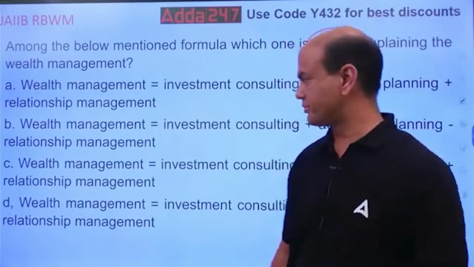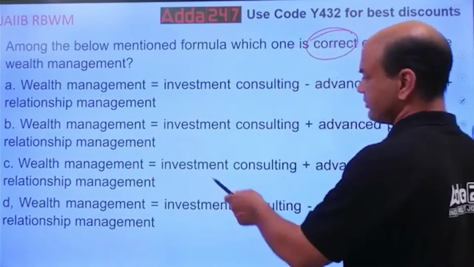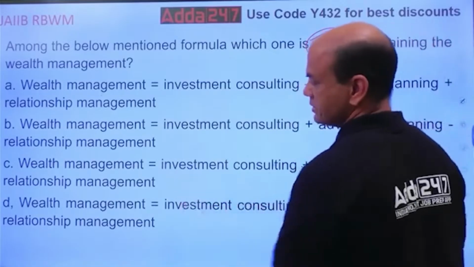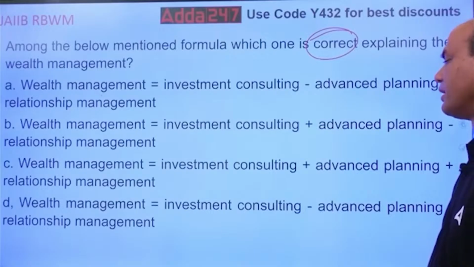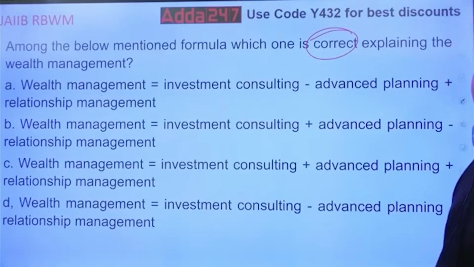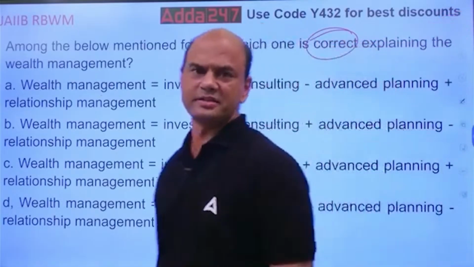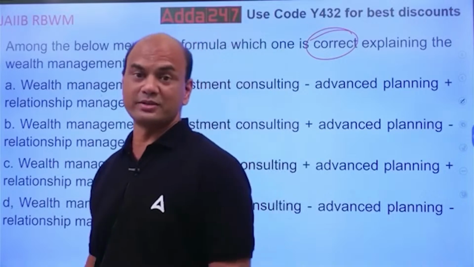You don't have to maintain the relationship. C: wealth management equals investment consulting plus advanced planning plus relationship management. And D: wealth management equals investment consulting minus advanced planning minus relationship. So you don't require relationship, you don't require advanced planning. Which is the correct answer in this?